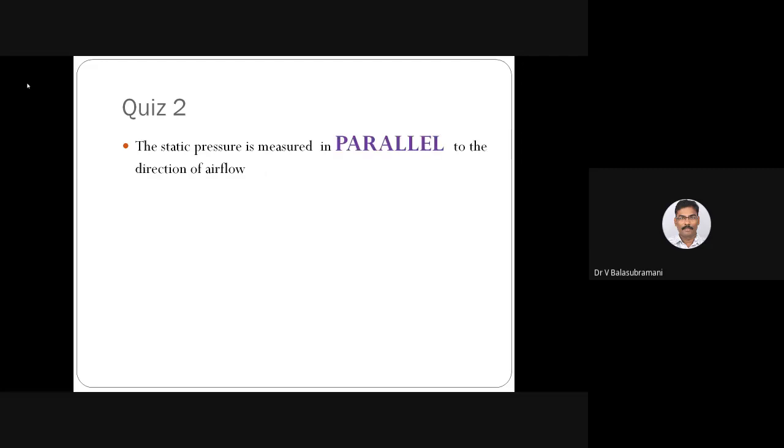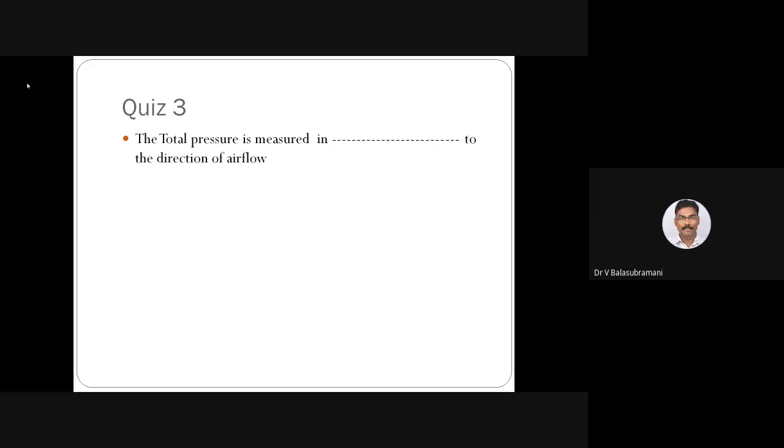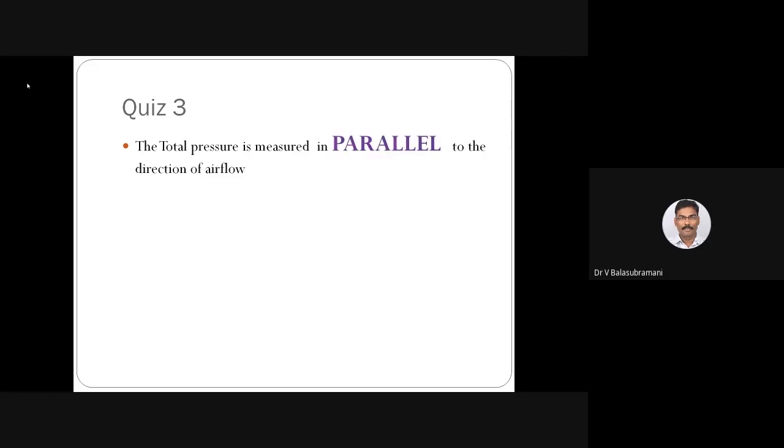The velocity pressure is measured perpendicular to the air direction. Total pressure, any idea? Which direction of the airflow is total pressure measured? Parallel to the direction of the airflow. It is also similar to the previous.